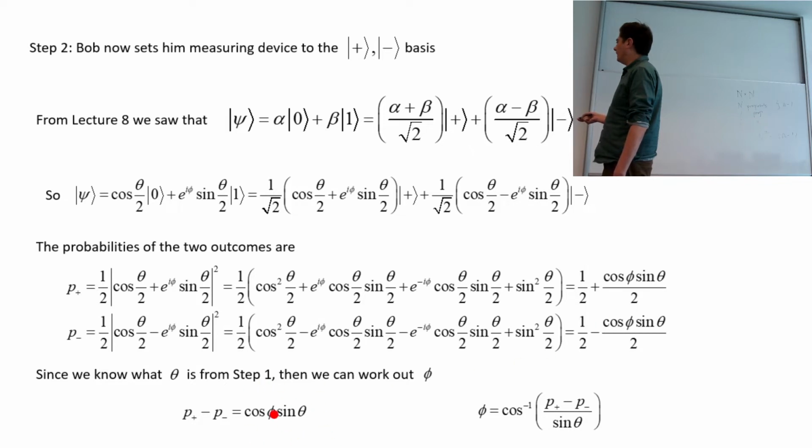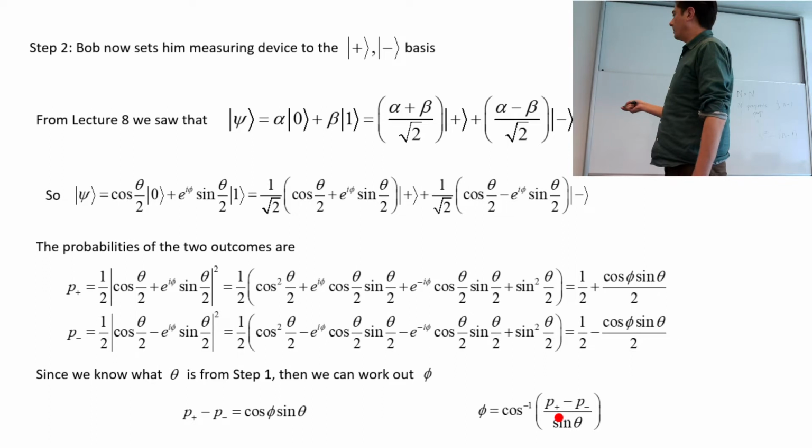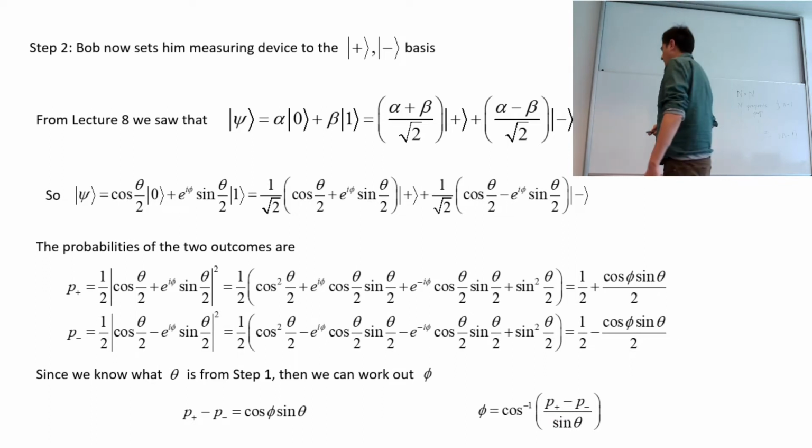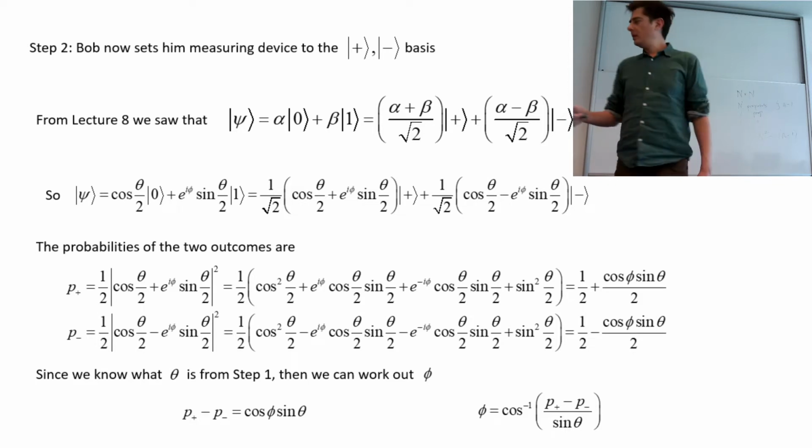Nice little formula here, and we've already worked out what theta is in the correct range from the first step, and then we just take the arc cos of that, and that's it. So you can work out the angles in this way.